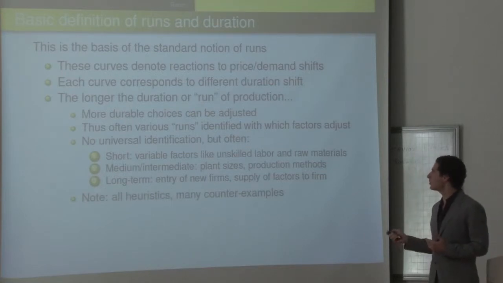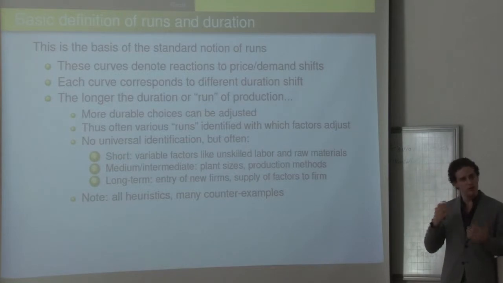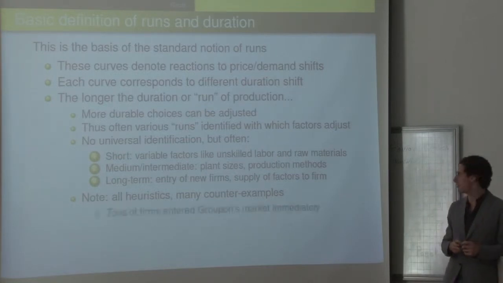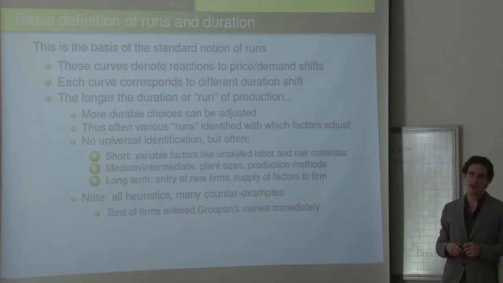Now, of course, all these particular examples I gave are sort of heuristics or loose ways of doing things. It will depend on the particular example how long it takes to adjust things. One example of that is, I don't know if anyone knows Groupon, right? You probably have Groupon here, but you probably also have 17 other companies doing exactly what Groupon does. When was Groupon created? Maybe 2 or 3 years ago?